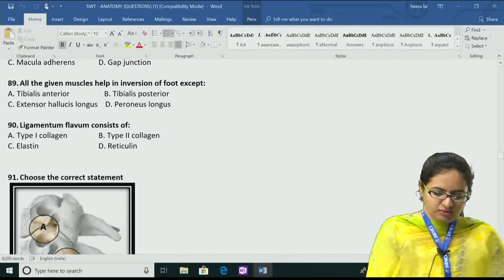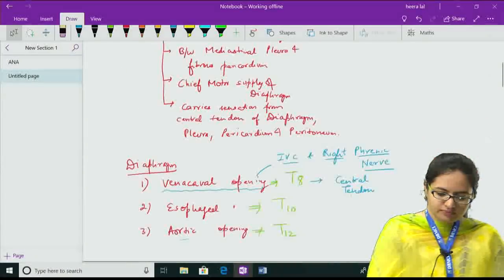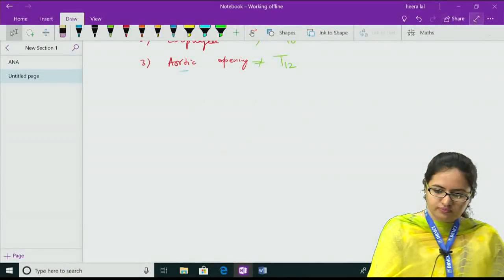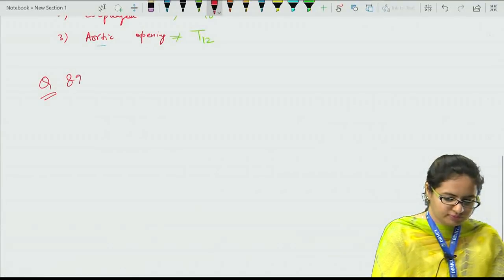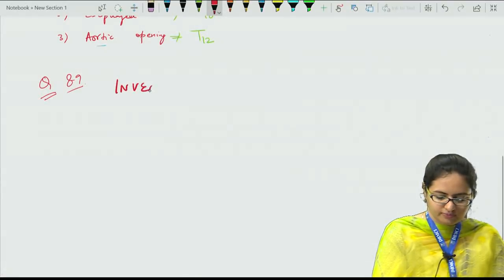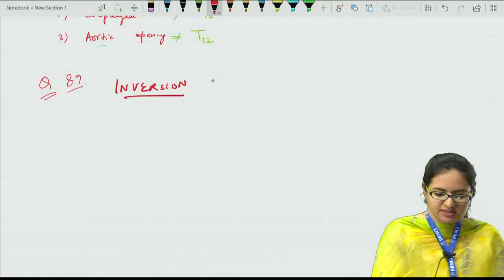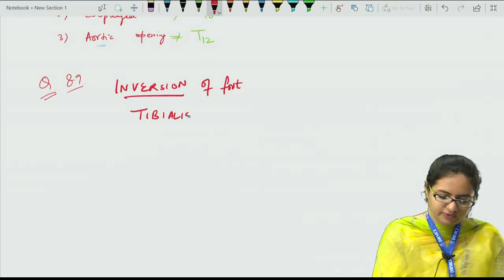The question number 89: all the given muscles help in the inversion of the foot, except one. When we talk about the inversion of the foot, the muscles which basically help are the tibialis anterior and the tibialis posterior.